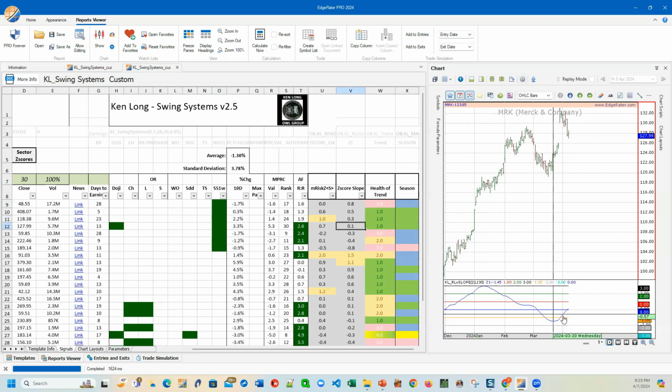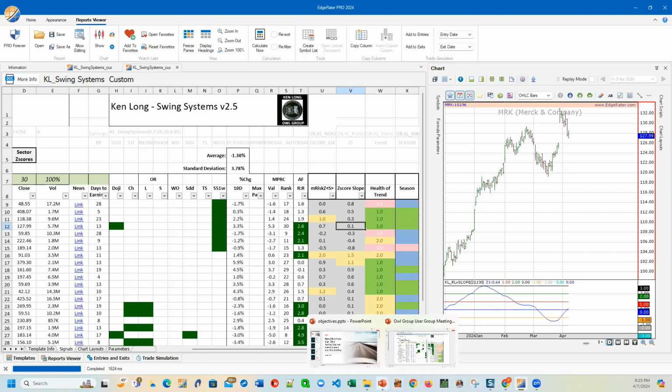The Z-score on Merck is improving too. This one's pretty good because it's trending higher, so this might be a case where it could continue trending higher. Okay, I'll write down Merck: quarterly pullback within weekly uptrend and improving MACD and Z-score.